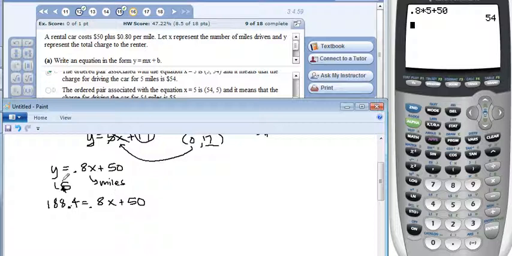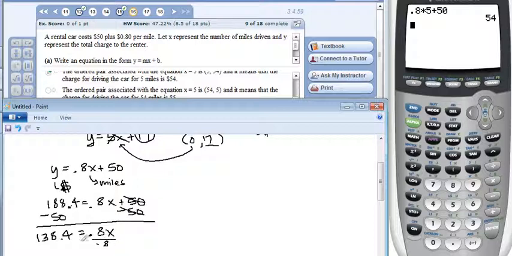Okay, so we're solving for x. We would subtract across my 50, right? So we have 0.8x is equal to 138.4, right? And then I would divide through by the 0.8.